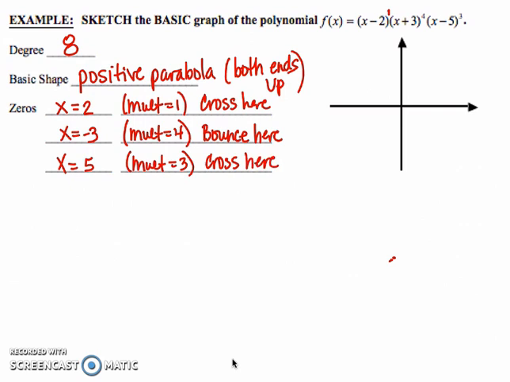So I don't know any other information other than the 3 zeros and whether the graph bounces or crosses. But I have a basic idea based on that and the end behavior. So I can just put a few marks here on my coordinate plane and I can sketch a really basic idea of what this graph looks like.